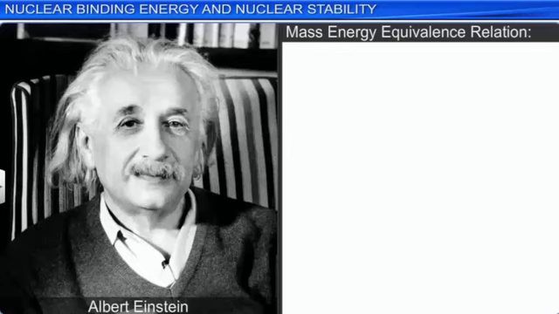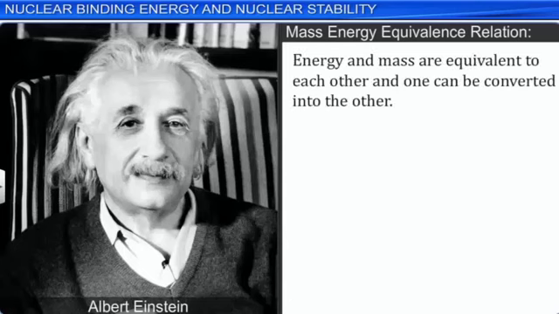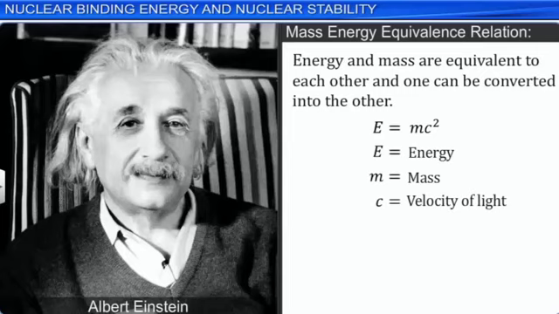According to Einstein's mass-energy equivalence relation, energy and mass are equivalent to each other, and one can be converted into the other. When a certain mass m is destroyed completely, the amount of energy released is given by Einstein's mass-energy equivalence relation as E equals mc², where c is the velocity of light, which is equal to 3 × 10^8 meter per second.